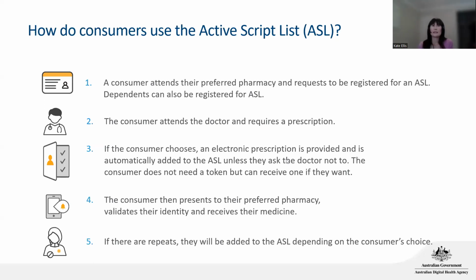Active script list is a really good concept for managing multiple medicines, but it does get complicated if you are the carer or primary caregiver for multiple people, because at the moment anyway, this will change in the future, but at the moment, you as the consumer can't see them all.